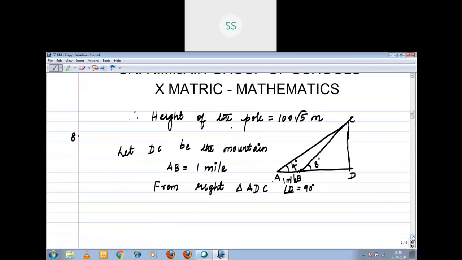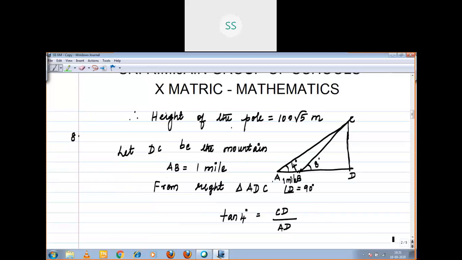Now, in the right triangle ADC, angle D is equal to 90 degrees. That's why I mentioned it as a right triangle.